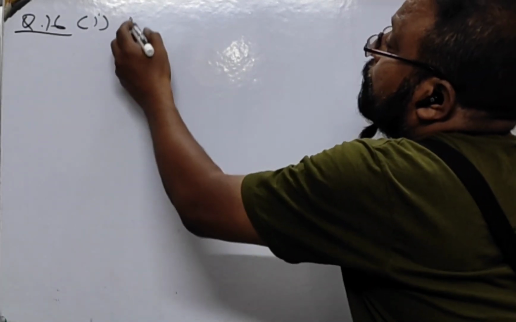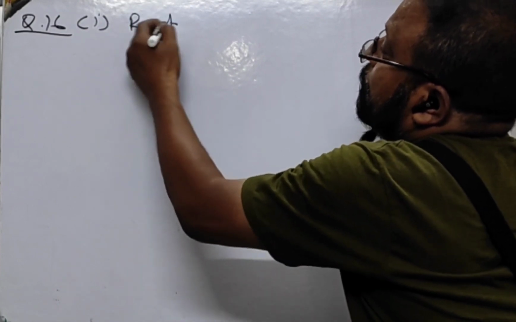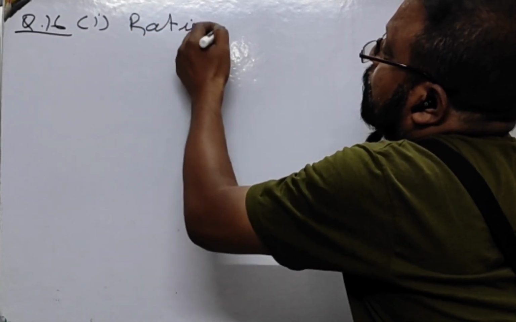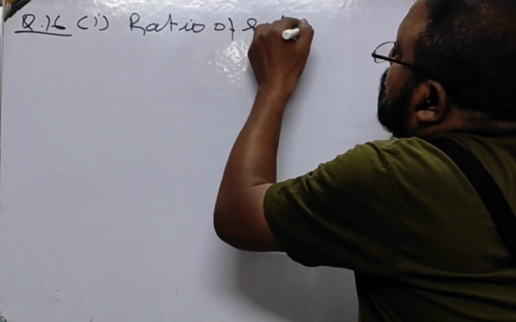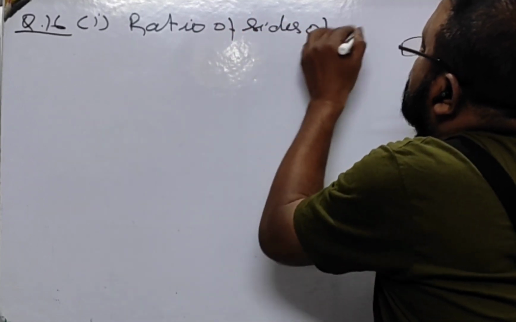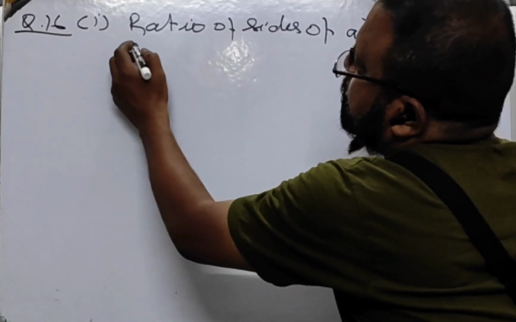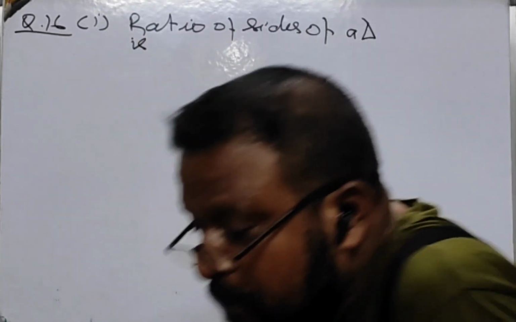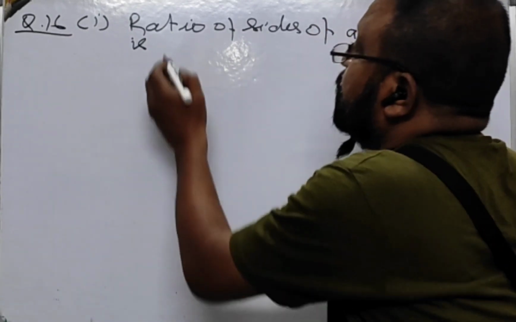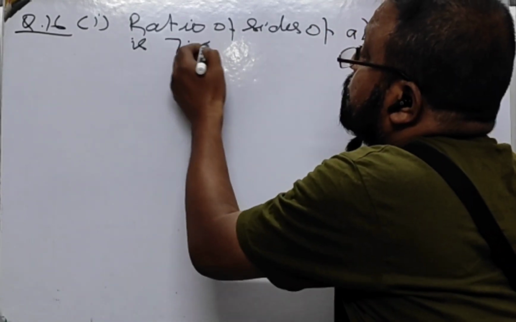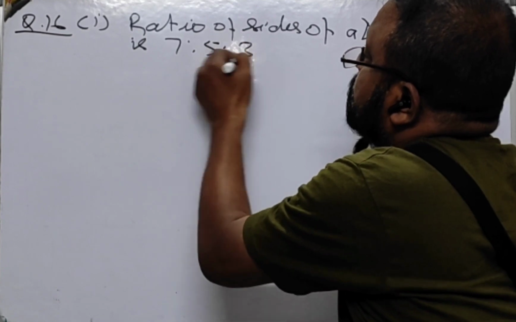Ratio of sides of a triangle is 7 is to 5 is to 3.